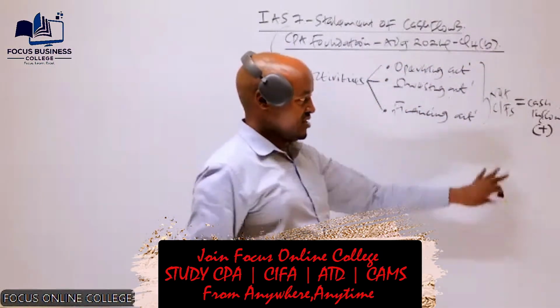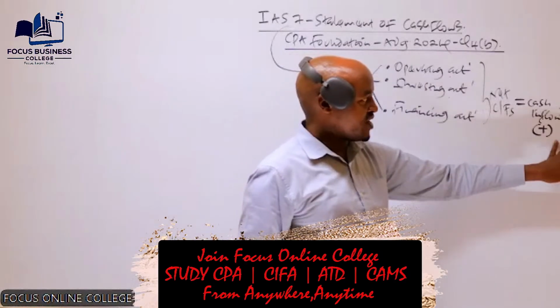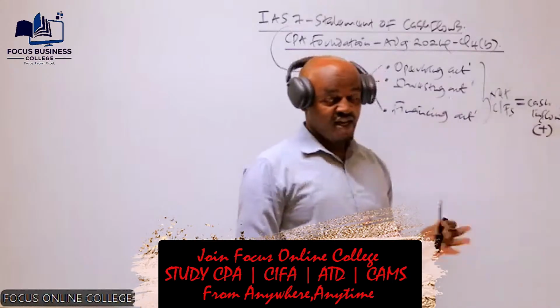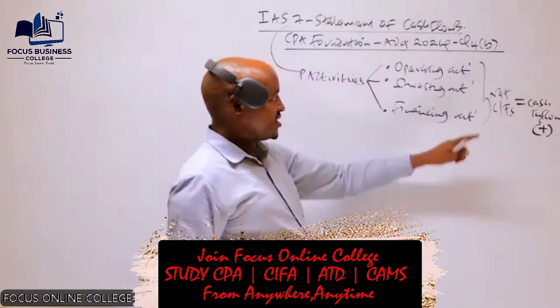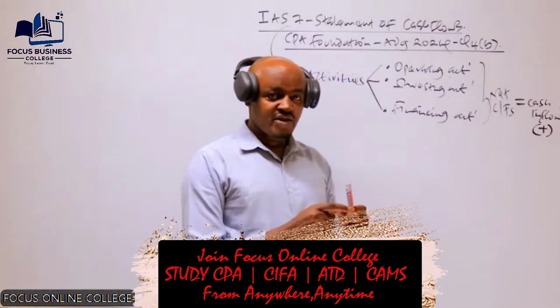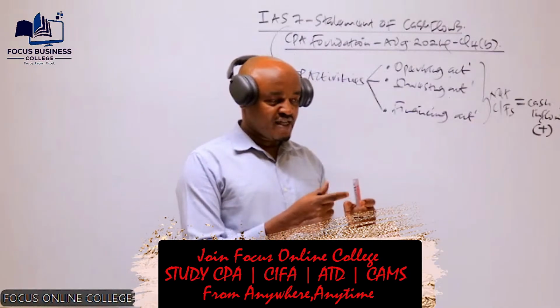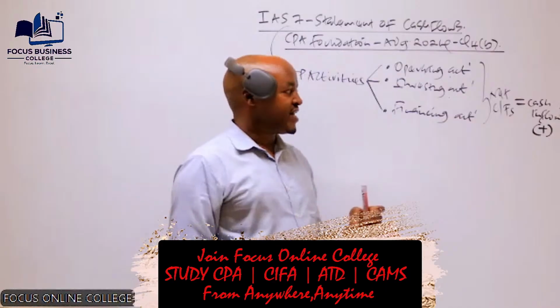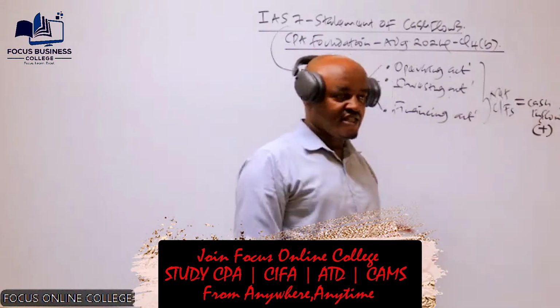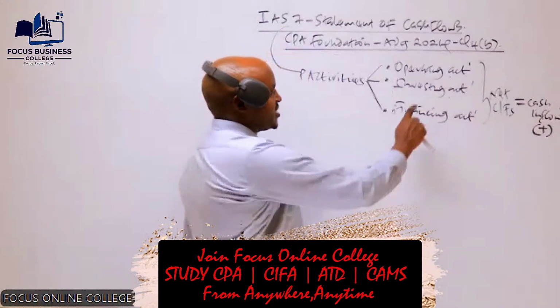And the rule is that anytime you are preparing a statement of cash flow and you come across an amount which is a cash outflow, you record it as a negative. So to determine the net cash flows, we take the cash inflows as positives, and then we deduct the cash outflows, which we record as negatives.